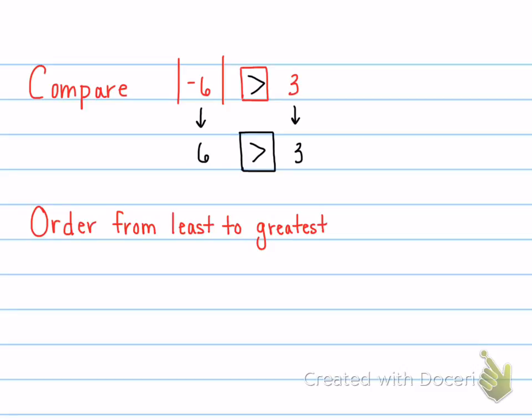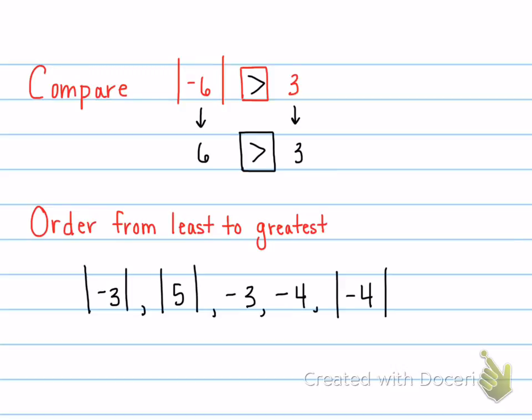So you might have these numbers listed: the absolute value of negative 3, the absolute value of 5, -3, -4, and then the absolute value of -4.